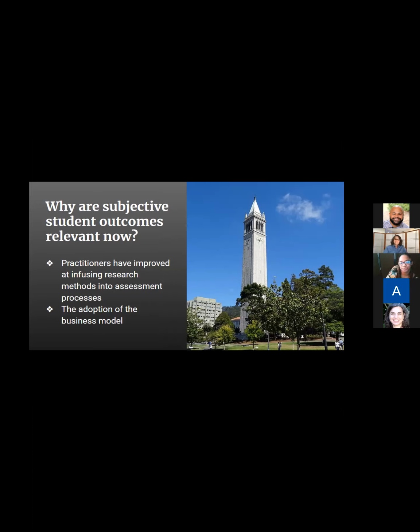So when you are adopting the business model and this culture of, let's just figure out how to spend as little money on these things as possible, you can really create a culture where people feel like, I need to do assessment in order to justify my job.